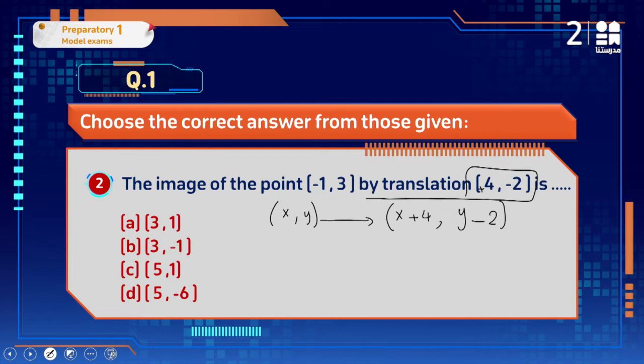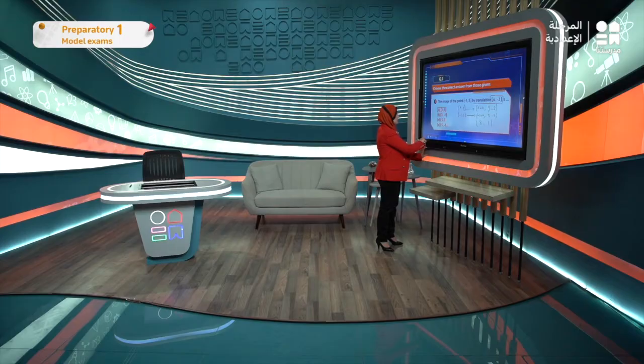I have the point which is (-1, 3). Let's apply the rule. It is -1 plus 4, comma, 3 for y, and minus 2. So the answer is -1 plus 4 is 3, and 3 minus 2 is 1. So it is (3, 1).